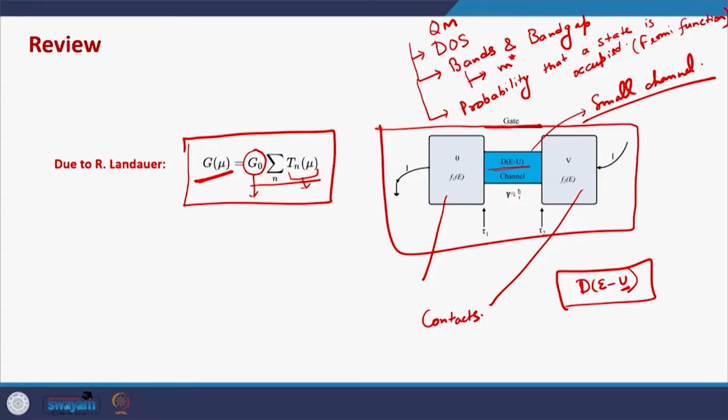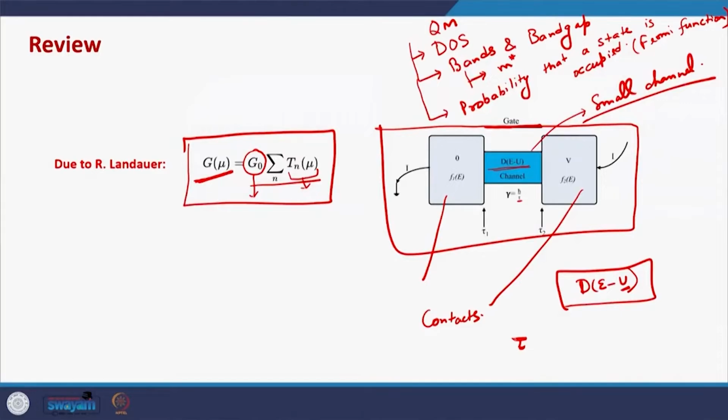So, in addition to these things, we have another parameter here known as the characteristic time tau, which essentially in a way models the interaction or the connection of the contact to the channel.